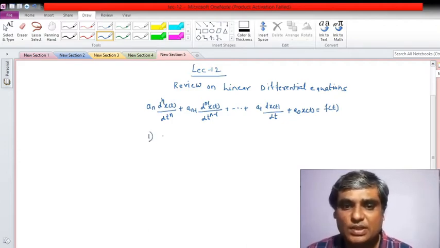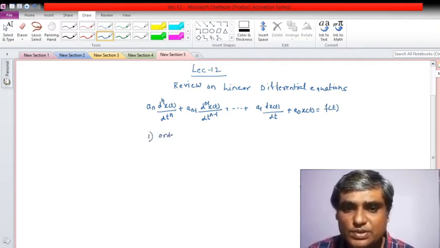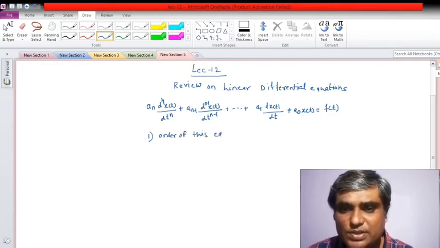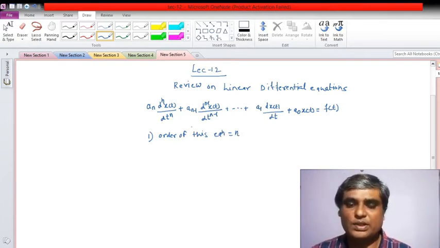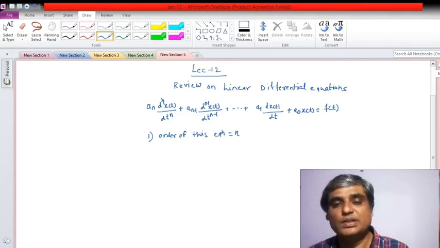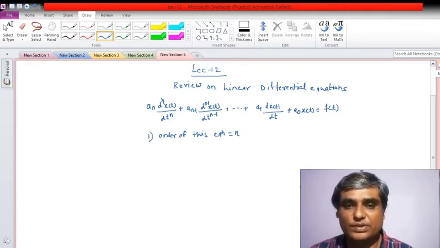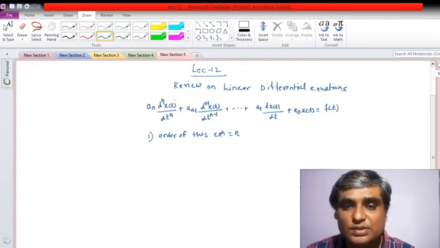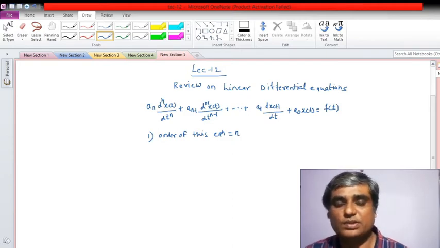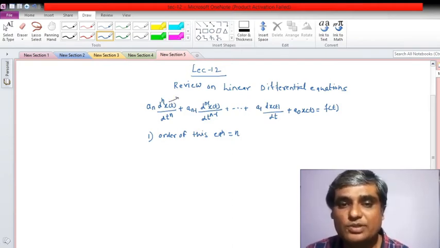First is that the order of this differential equation is n. Okay, fine. We know how to find the order: it is the highest power of the derivative in the equation. Now if I write this in circuit representation, what will my x(t) be?